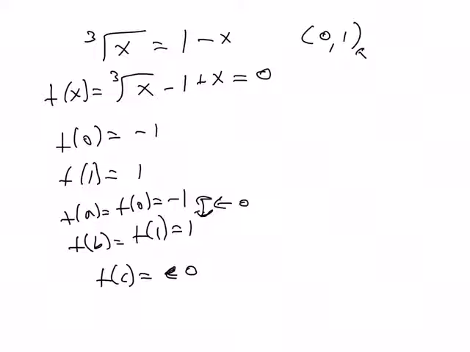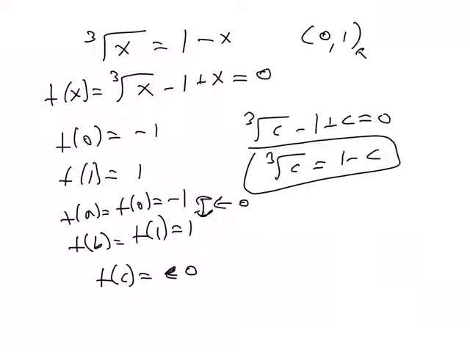So for some c we have c cubed minus 1 plus c is equal to 0, or in other words, c cubed is equal to 1 minus c. Because of this, we know that there is some number between 0 and 1 which satisfies that equation.